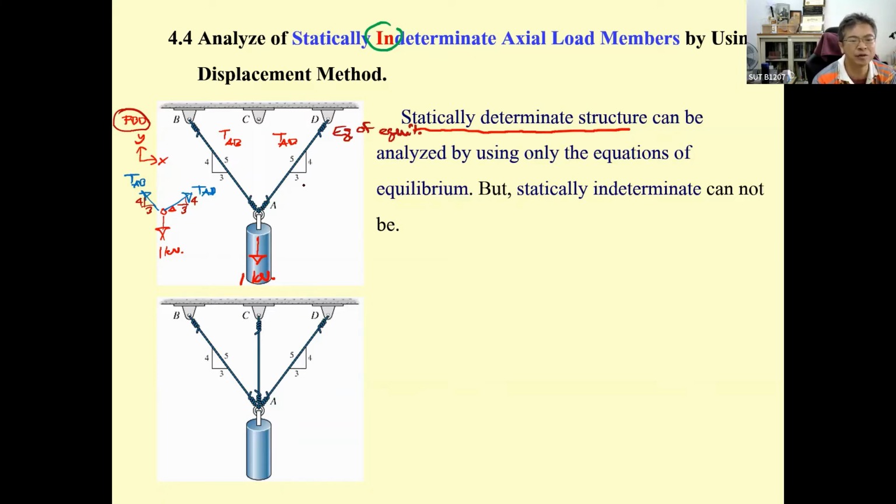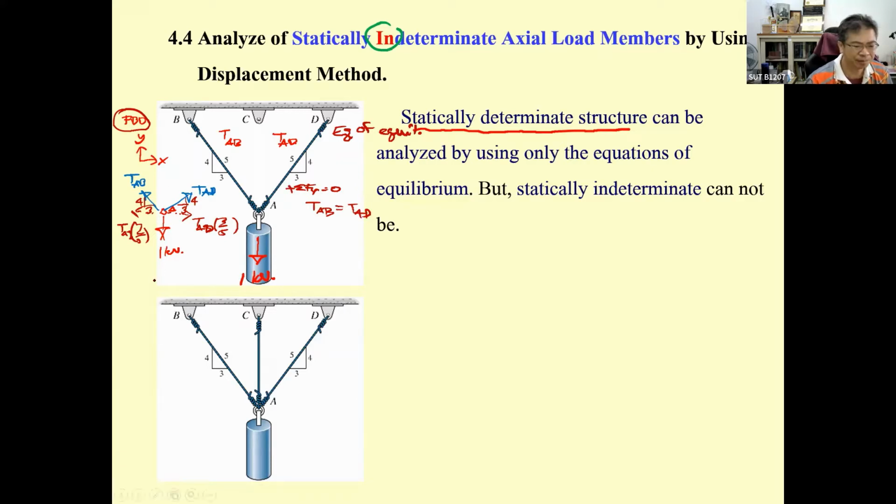By doing this, during the summation of F sub x equal to 0, you just take the component of this one, and you can see this is going to be T sub AB times 3 over 5, and this one also is T sub AD times 3 over 5. So these two are equal. T sub AB equal to T sub AD. Okay, this is the first one.